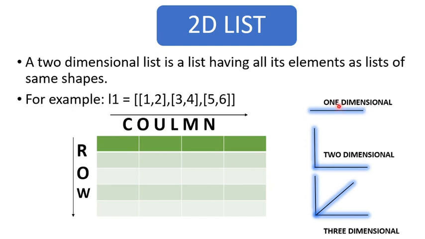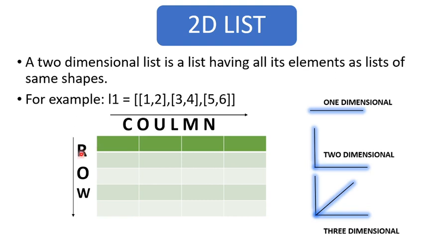A linear line is one dimensional. When here you see that there are two lines, one is representing the x and second is representing the y, this is called two dimensional. Okay, here this is x, this is y, this is z. This is called three dimensional. So in two dimensional list there are rows and columns.